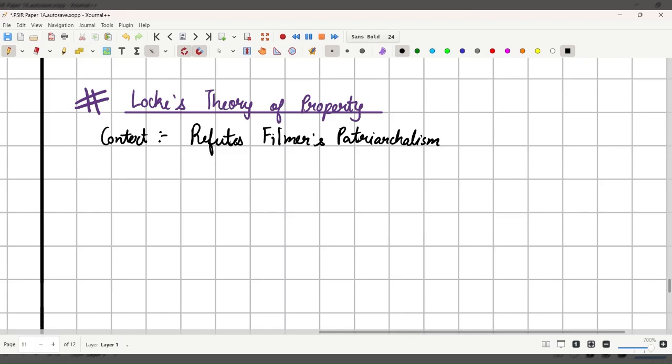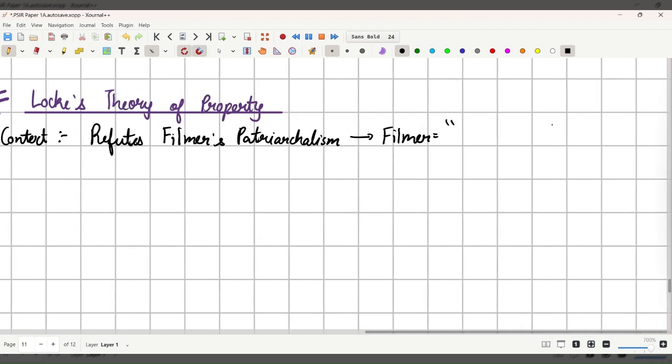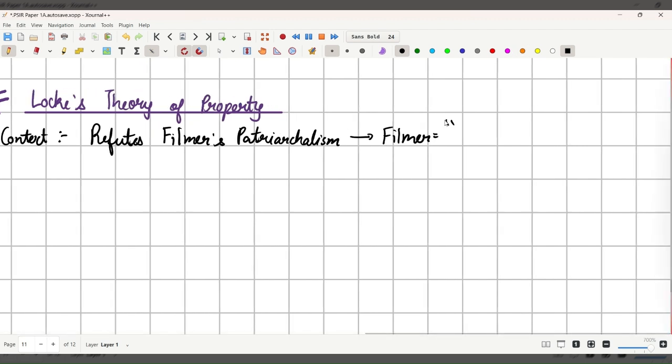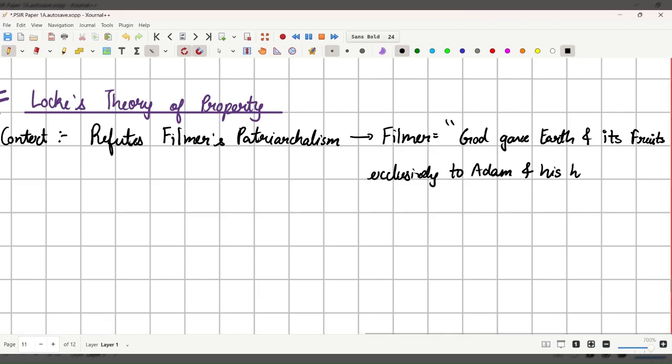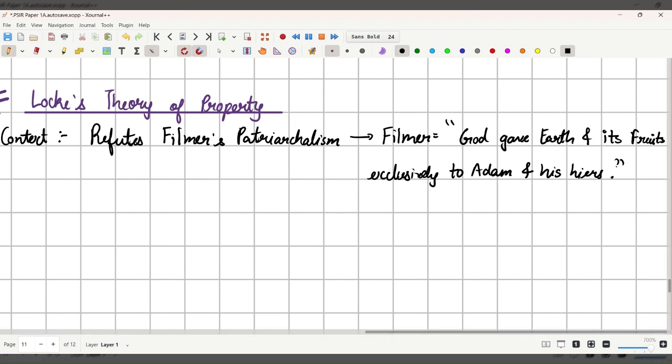Filmer argued that God gave earth and its fruits exclusively to Adam and his heirs. This is what Filmer believed.